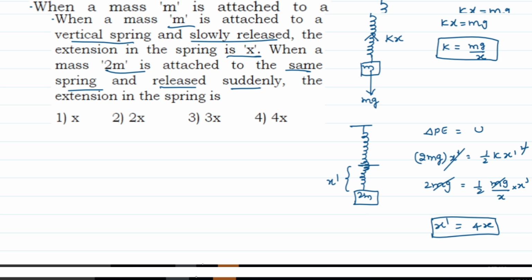Work done is nothing but the change in potential energy. This work done is stored as elastic potential energy in the spring, that is U equal to half kx square. This is the formula. So the final elongation in the spring will be 4x.